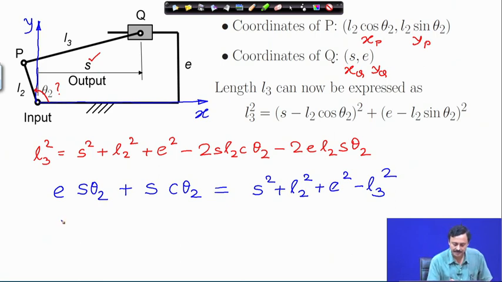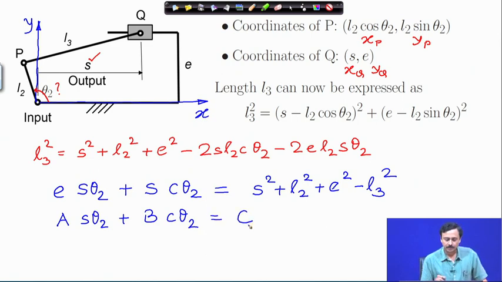Therefore, this has the form A sin theta 2 plus B cosine theta 2 is equal to C, where we can easily see that A, B and C have S, and S is specified. What is not known is theta 2. So, we have to solve this equation to determine theta 2.